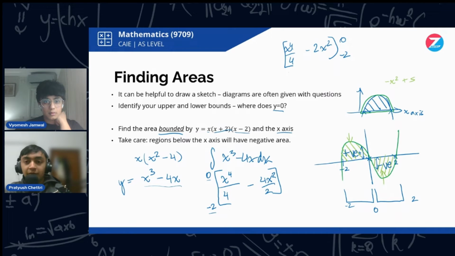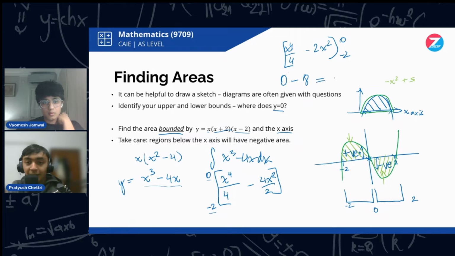0 to 2. At 0, the upper bound is 0 because x is 0, and at the lower bound we can plug in the values to get 2 to the power 4 over 4 minus 2 times 2 squared, minus 8.